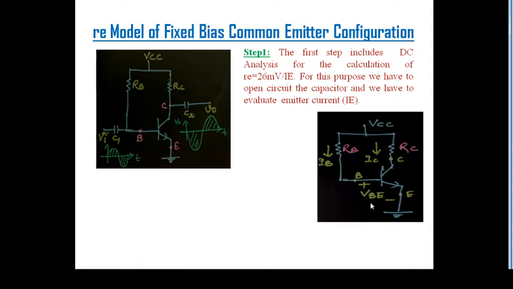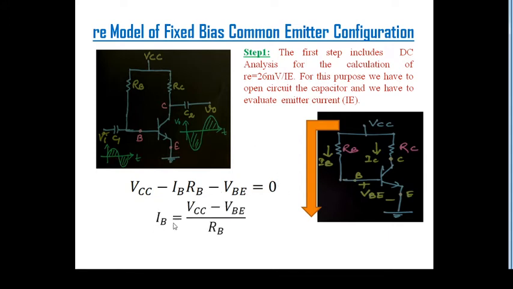We write the KVL equation from this side: VCC minus IB RB minus VBE equals 0. From that equation we can find IB equals VCC minus VBE by RB.